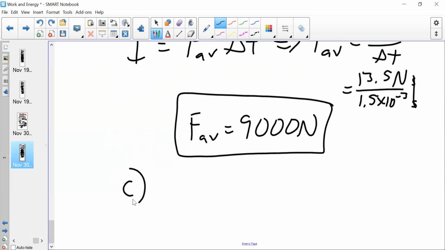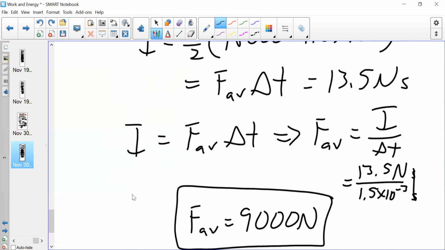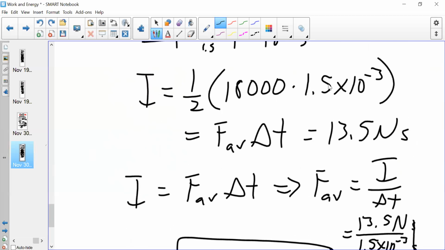But our context is average force, which we got here for part B. And then for part A, for impulse, it's just 1/2 of one of the triangles, 1/2 base times height. And that's what we get there.